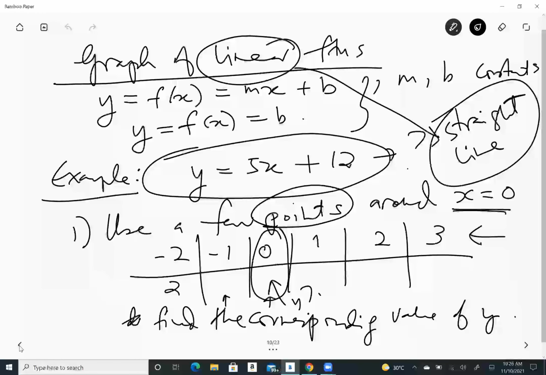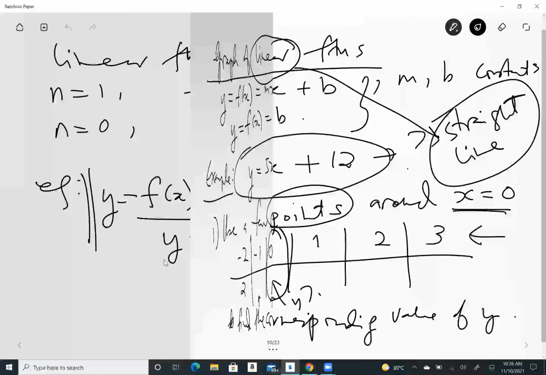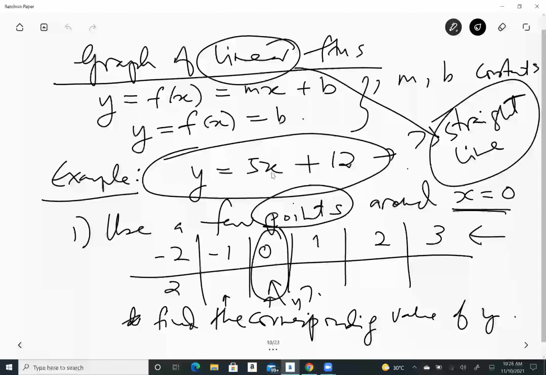We just fill up the points. The equation was 2x plus 10. When x equal to negative 4, 5x plus 12. The equation is 5x plus 12. So we already started with these few points.